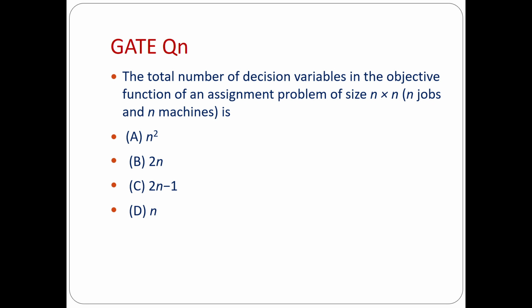If we assign a particular worker to a particular job, it turns into 1, otherwise it turns into 0. So the number of decision variables is obviously n square. The answer is n square.